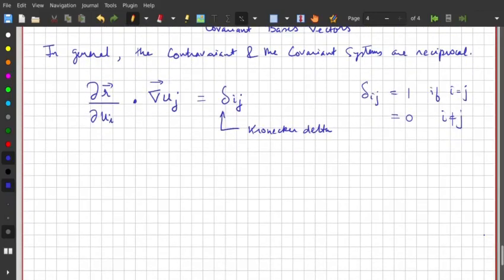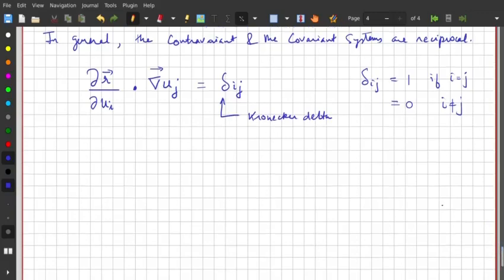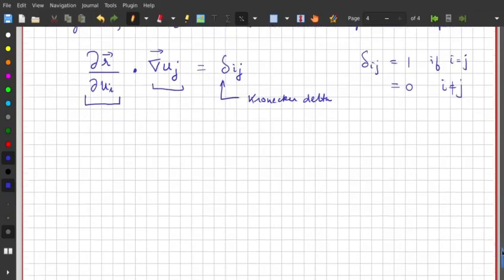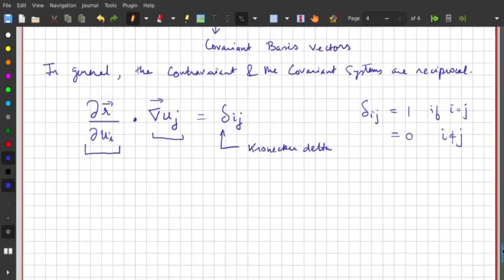So that's the relationship between the contravariant and the covariant basis. They form reciprocal systems to each other.